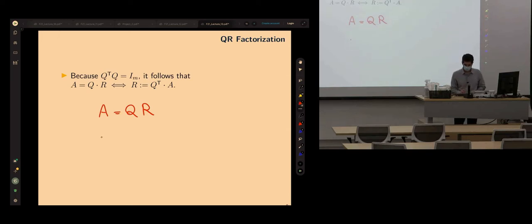Let's multiply both sides from the left by Q transpose.